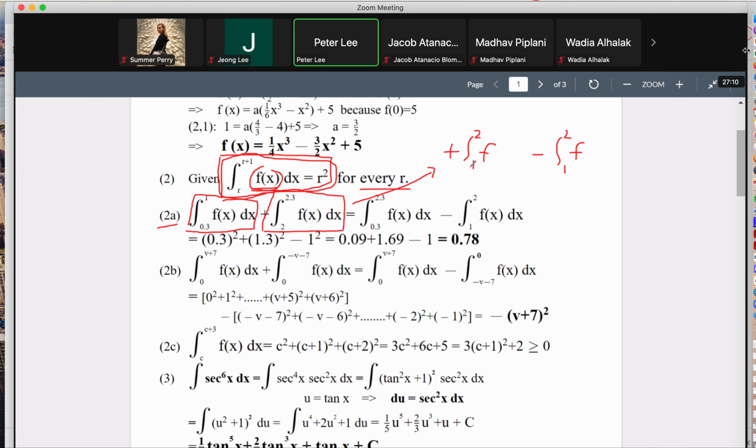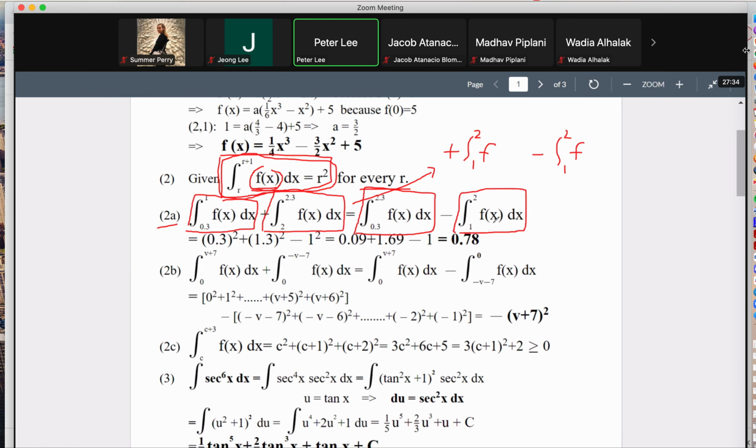Once we add the integral of f from 1 to 2, we get from 0.3 to 1, and then 1 to 2, and then 2 to 2.3. So we get the integral of f from 0.3 to 2.3, and then we subtract the integral from 1 to 2.